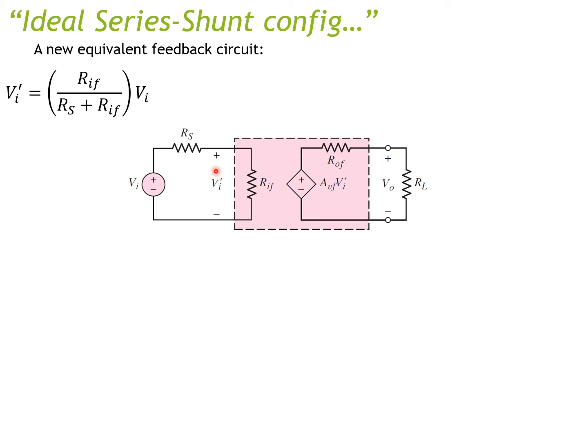Vi prime depends on your source resistance. If the source resistance is 0, the ideal case, Vi will be equal to Vi prime. But if you have some imperfection in there, then you need to use the voltage divider law to figure out the effective Vi prime that is applied to your feedback amplifier.